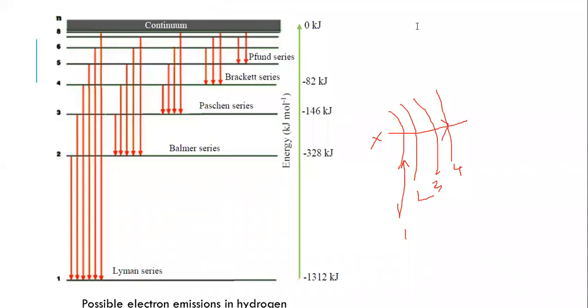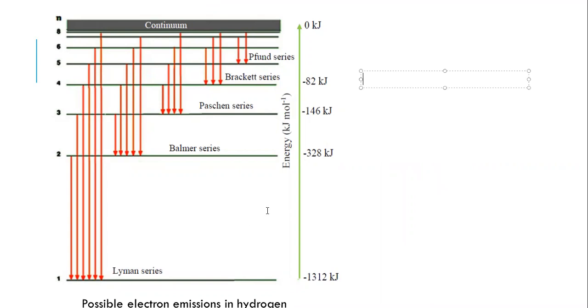So let's be clear on these terms. When you take the Lyman series, you can see the n is always 1.